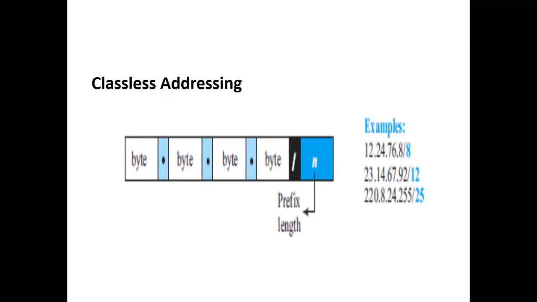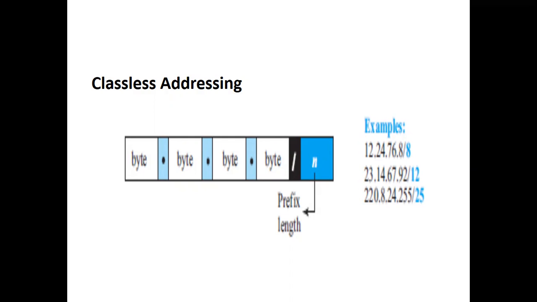You mentioned that in class A, so many IP addresses are getting wasted. Class B, so many IP addresses are getting wasted. Again, in class C, you have an IP address set up, but it is very small, meaning only 256 machines can be set up in one network.